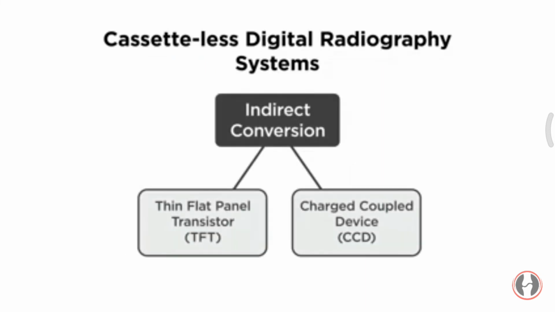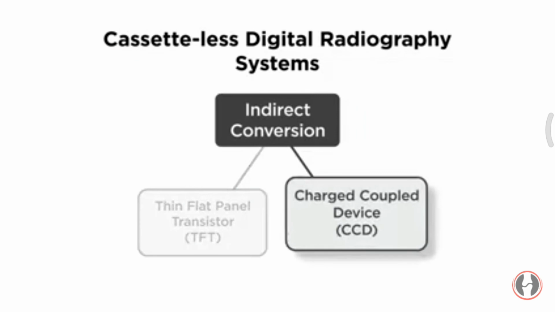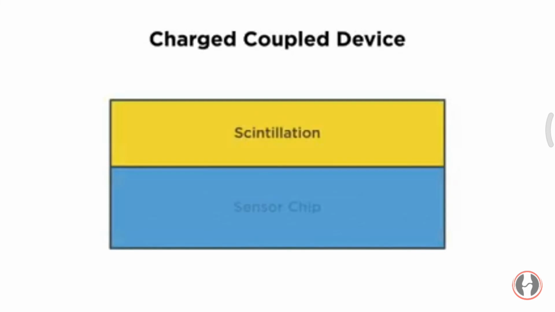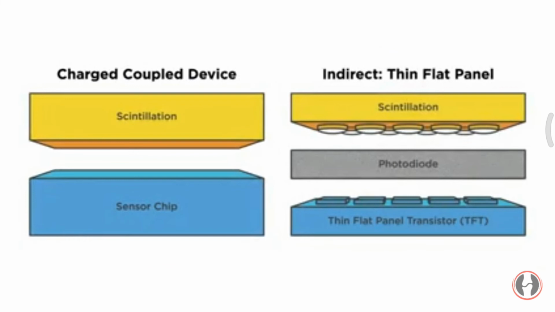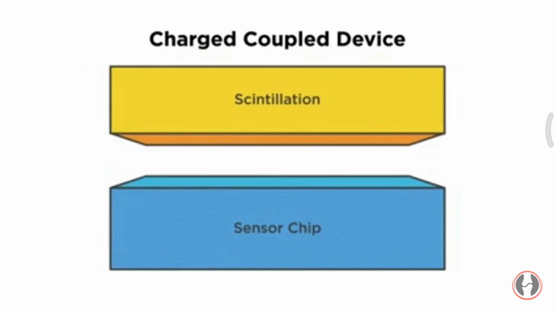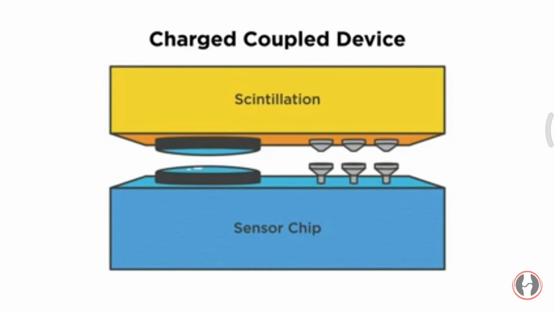The charge coupling device, or CCD system, is the other form of cassetteless digital radiography. CCD systems differ from the TFT systems in that with the CCD system, there is no photocathode or TFT layer. The scintillation layer within CCD systems are optically coupled to each CCD sensor chip by either lenses or fiber optics.